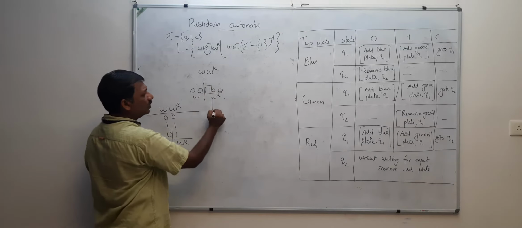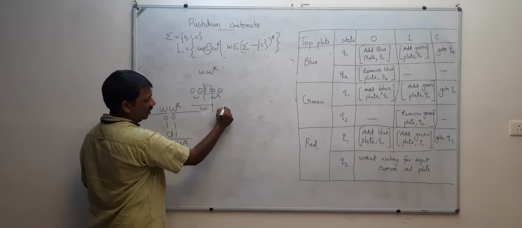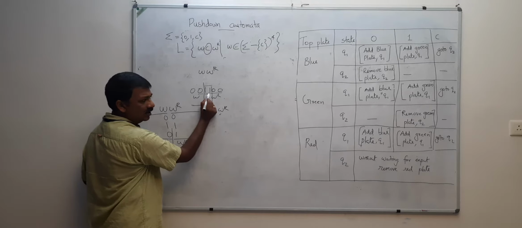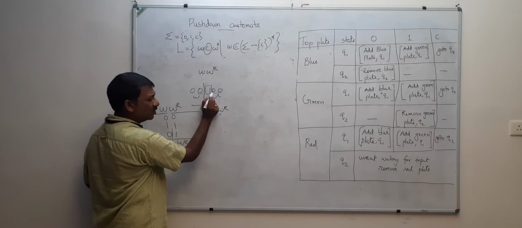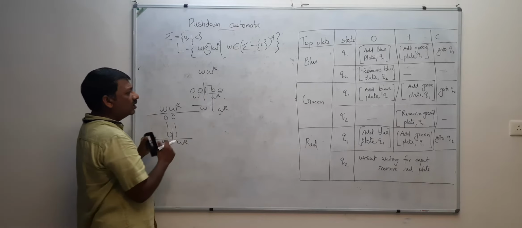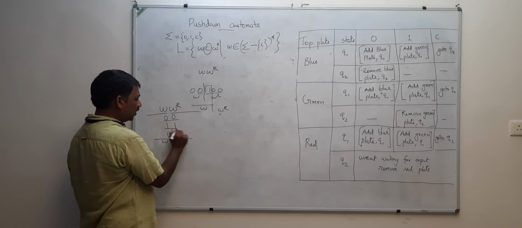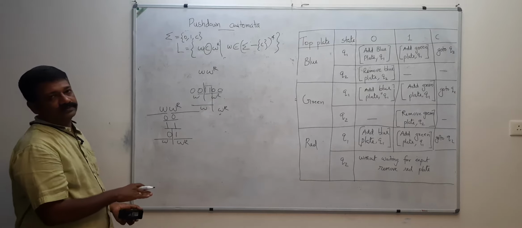Likewise, if W is terminating with 1, then W raised to R should also start with 1. So if you have a 0, 0 or 1, 1 combination, there you are expecting W to end.